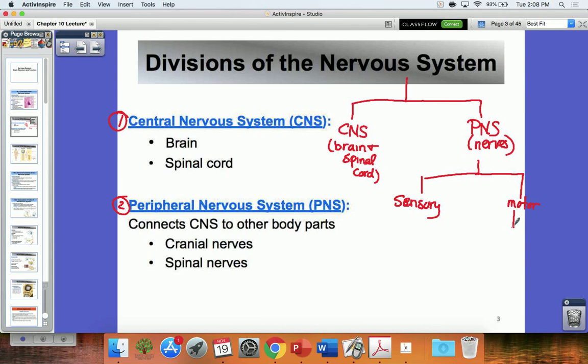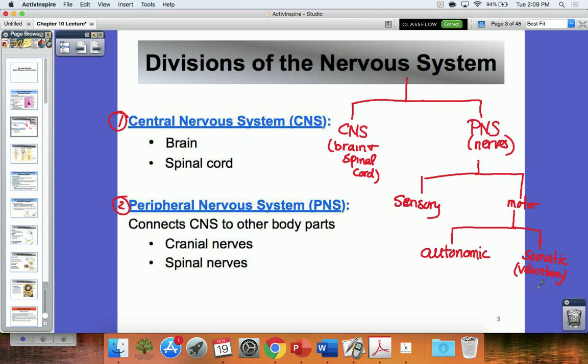The motor can be subdivided into somatic and autonomic. Okay. And somatic, if you want to make a note under this, will be voluntary movement. And so skeletal muscles fall under here. So this is voluntary movement.